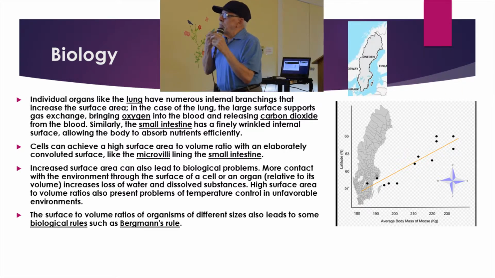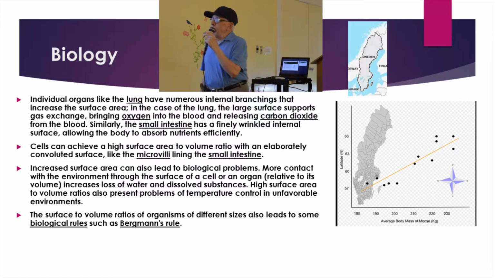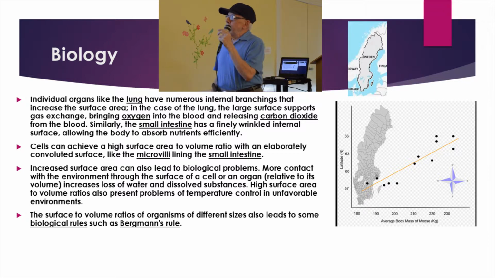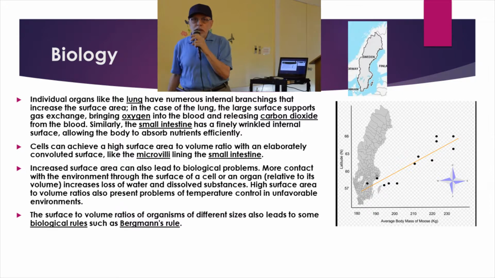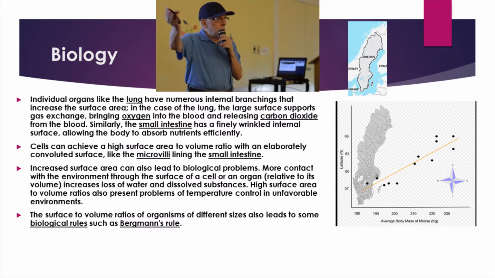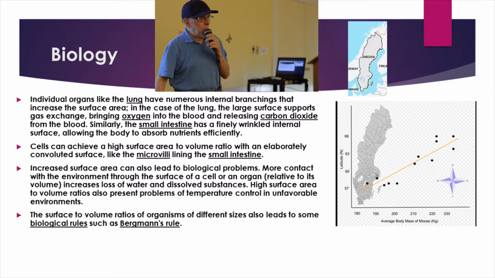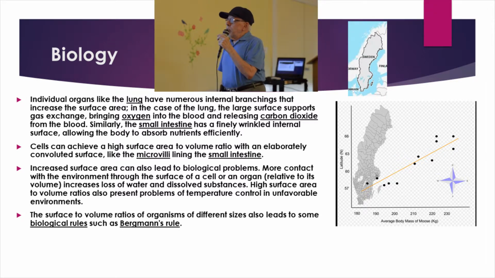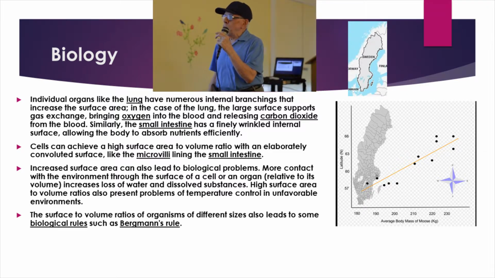Individual organs like the lung have numerous internal branchings that increase the surface area. In the case of the lung, the large surface supports gas exchange. Again, it's easier for the gas to exchange with other gases in the bloodstream. So it brings oxygen into the blood more easily and releases carbon dioxide from the blood more easily.